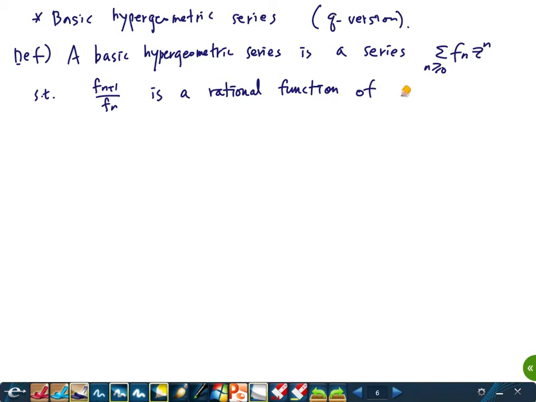The basic hypergeometric series is a rational function of q to the n. So, in other words, f_{n+1} over f_n equals, if you factor the numerator and the denominator, and because it's a polynomial, you can factor this as a product of linear factors, 1 minus a1 q to the n. You can write like that.